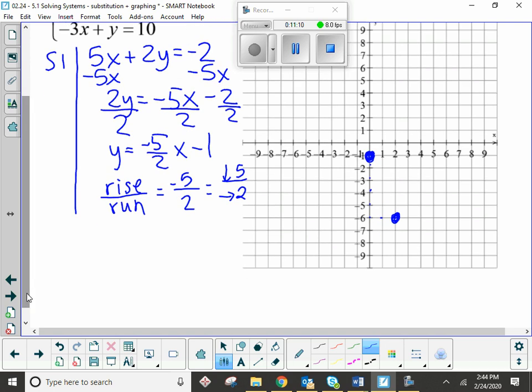Because negative 5 over 2 is the same value as if the negative was on the bottom, and then that would be a positive rise. That would be up 5, left 2. So you have to be comfortable going in either direction. And now we have this line here. So you go ahead and do the other line.